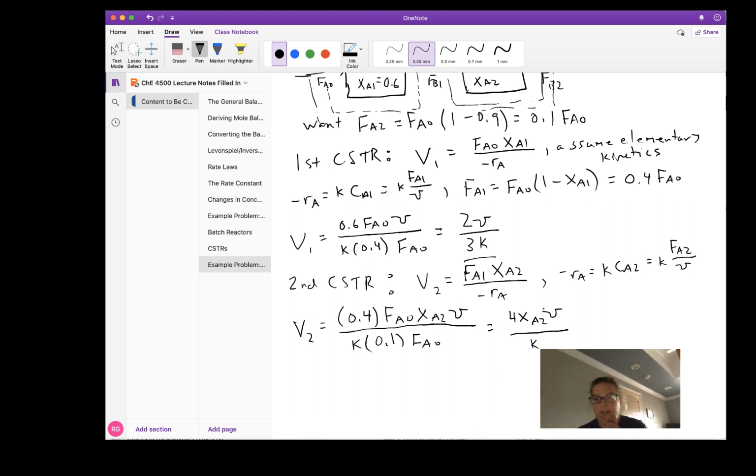So now I need a value for this XA2, and I have all of the information to be able to solve for that. So based on the definition of conversion, XA2, which is the conversion within the second reactor, is going to be equal to FA1 minus FA2 divided by FA1. So the amount reacted in the second reactor divided by the amount fed. And I know all of those terms in terms of FA naught.